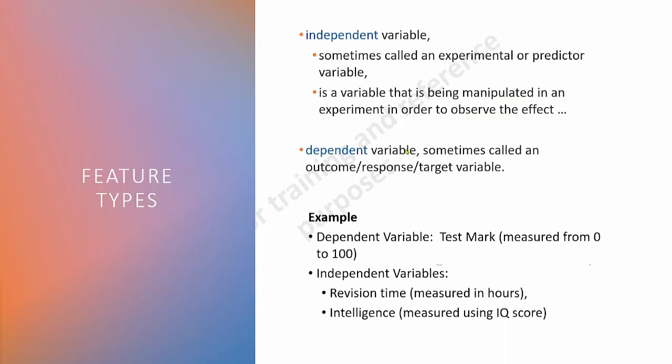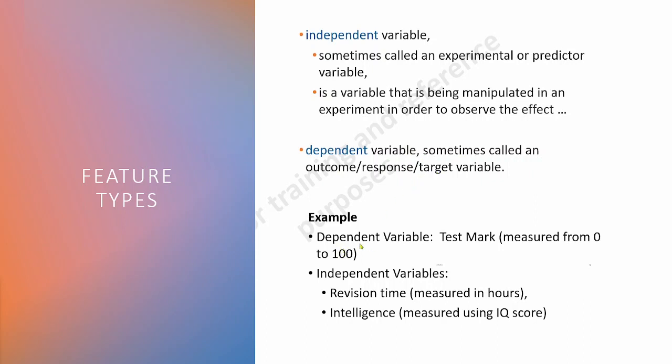Let's set that context very clear, because we will be using this term independent variable, sometimes called a predictor also. Predictor meaning the column which helps in defining a label or helps in predictions. Dependent variables are sometimes also called outcome, label, target, or response.